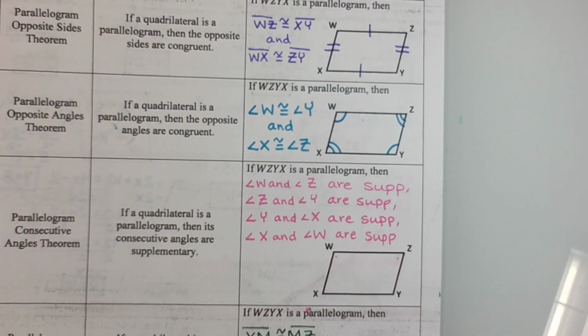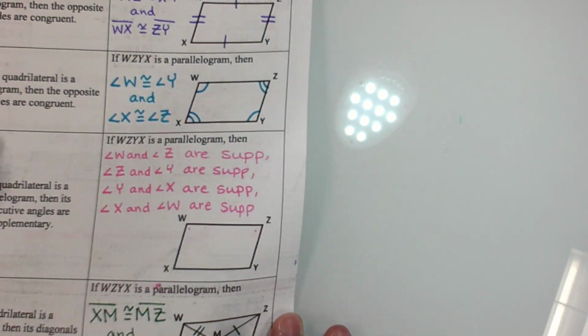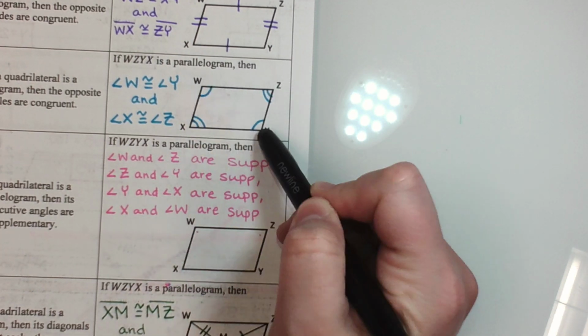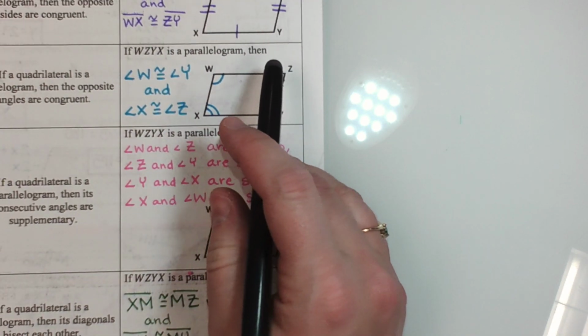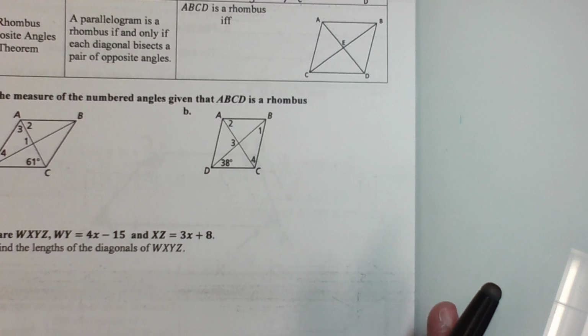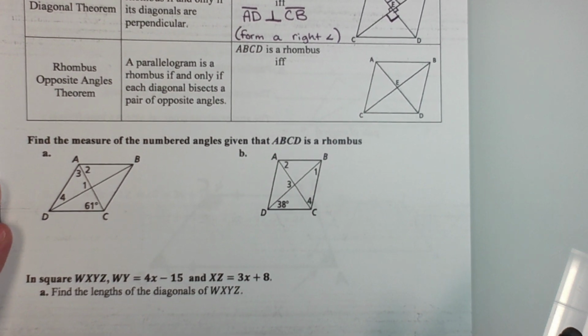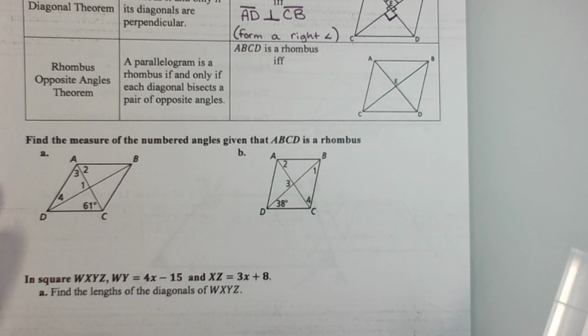A rhombus is a parallelogram. That means its opposite angles were already congruent. And if the opposite angles were congruent, and then the angles got bisected, we actually know a more simple version of this.